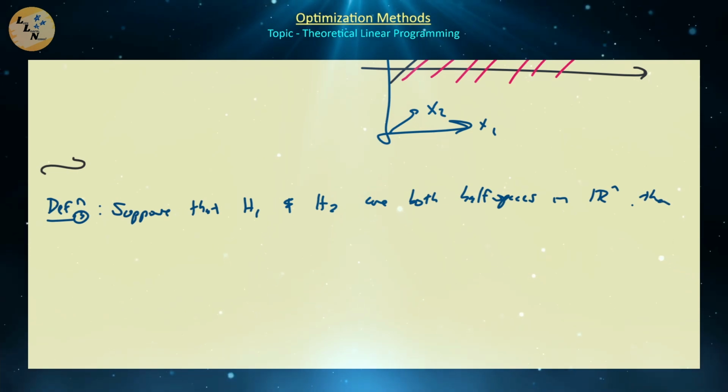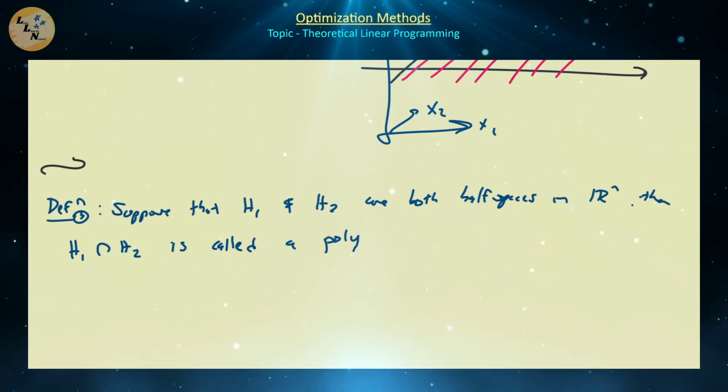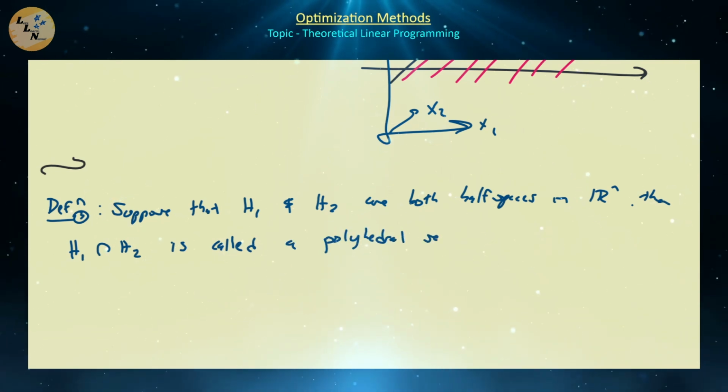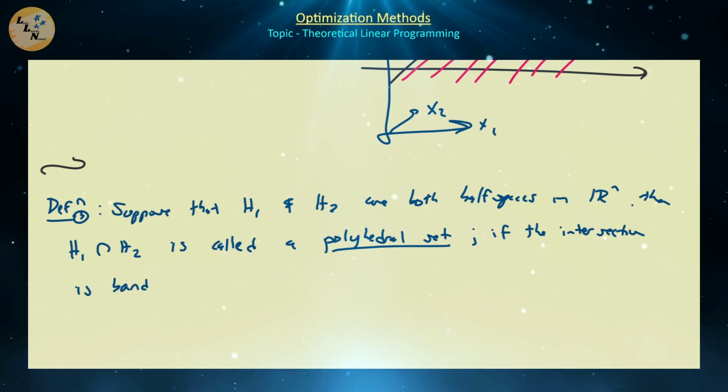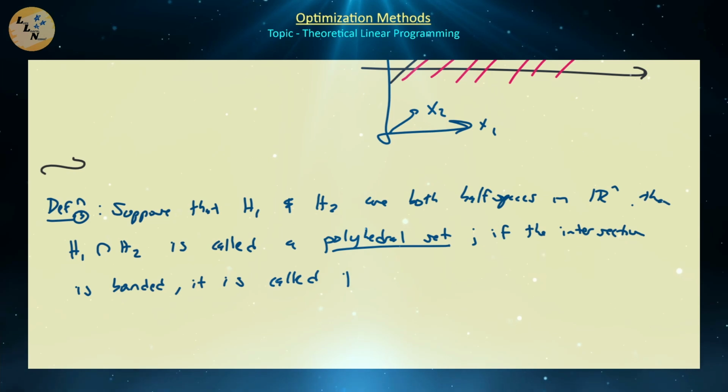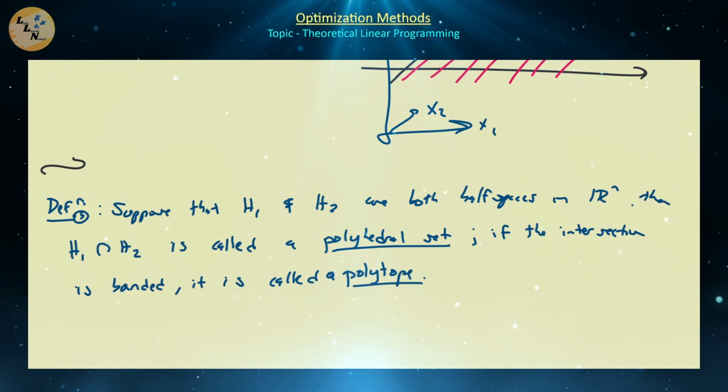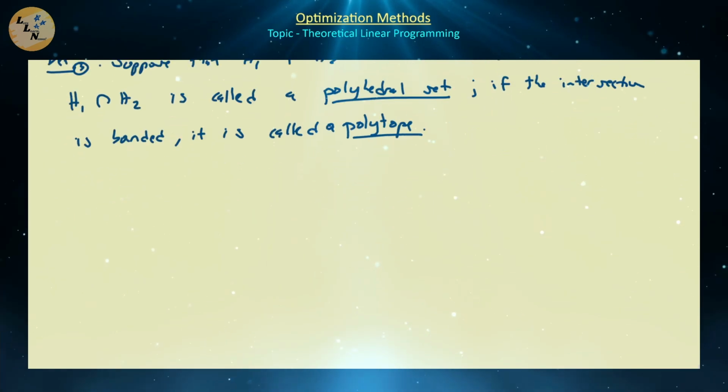Then the intersection of H1 and H2 is called a polyhedral set. A polyhedral set. And if the intersection is bounded, some people call it a polytope. A polytope, which in some sense is a polygon in n-dimensional space.